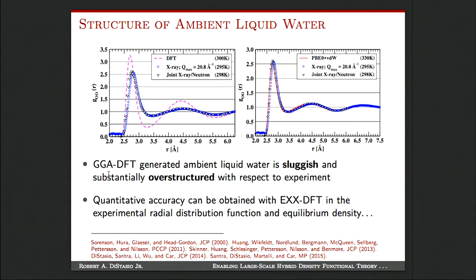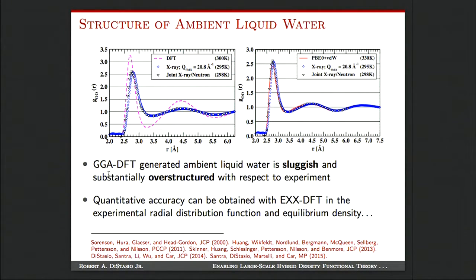One slide about an application to show that there is some science you can get out of this. If you try to model the structure of ambient liquid water, this is extremely challenging. If you use GGAs, you see that it's completely overstructured and not anywhere near the right liquid structure. There are all types of wrong properties. For example, in a GGA DFT world, ice will sink in water, right?